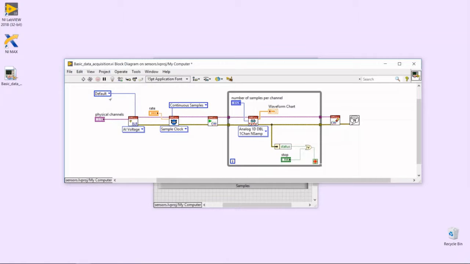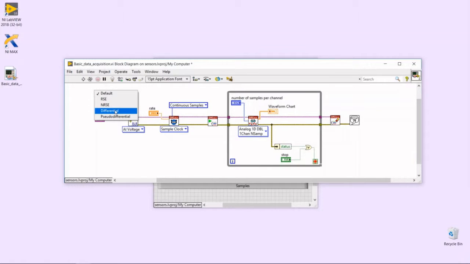Okay, so we have the default option, which lets the program decide how the measurement is done. So we don't want that. We want to tell the program what we are measuring. And there are RSE options and differential options. RSE means referenced single-ended, and it measures a signal that comes to the analog input relative to the ground.